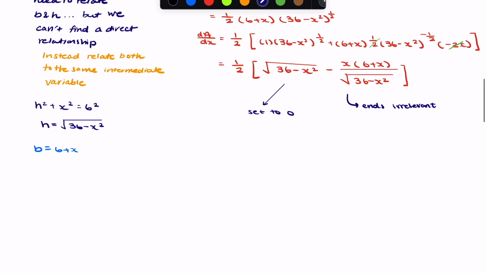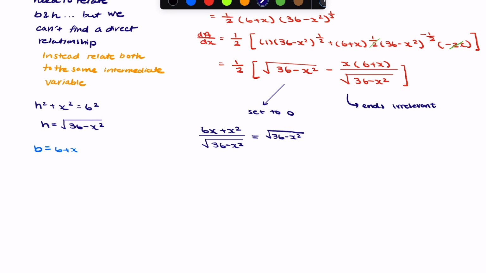And so if we expand this and move it to one side, we'll get (6x plus x squared) over the square root of 36 minus x squared is equal to the square root of 36 minus x squared. So we just took the negative x times (6 plus x) over the square root of 36 minus x squared, moved it to the other side, and kept the square root of 36 minus x squared here.